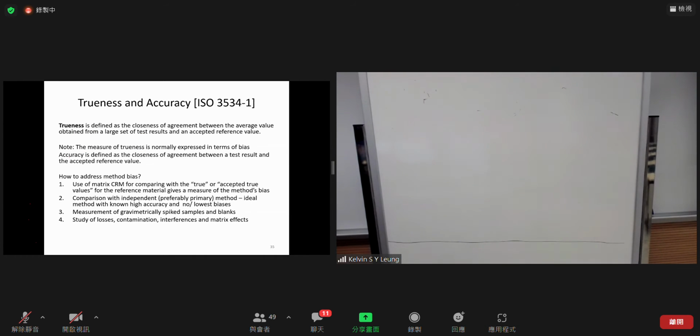So trueness is the measure of the accuracy, which is the closeness of agreement between a test result and the accepted reference value, okay? Some methods will have some method bias, okay? So how do we address the method bias? You can use a CRM, that is certified reference material, to compare with the accepted true values.